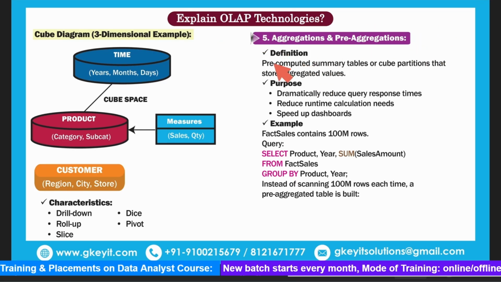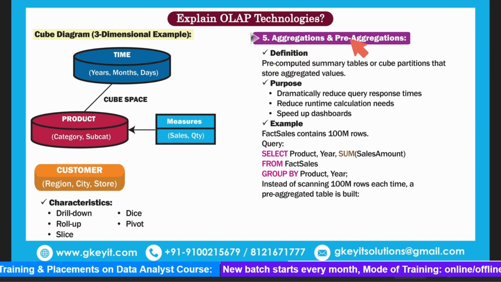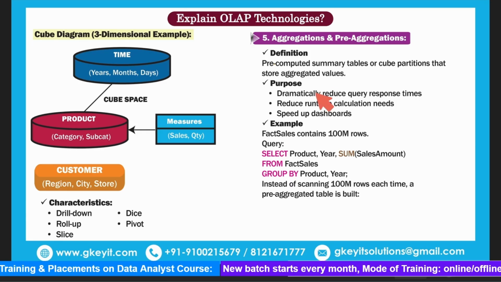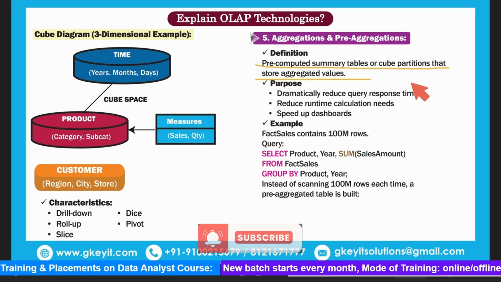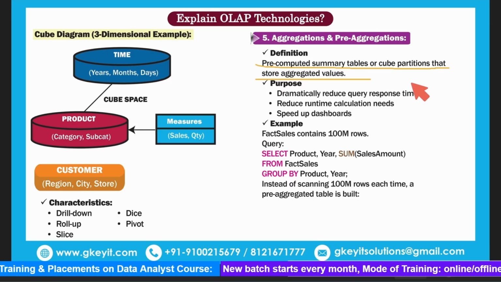The definition of aggregations and pre-aggregations: these are pre-computed summary tables or cube partitions that store aggregated values. That means from a relational database we can connect and create a cube. On top of that we can create some aggregations.